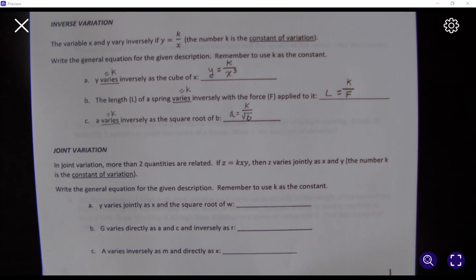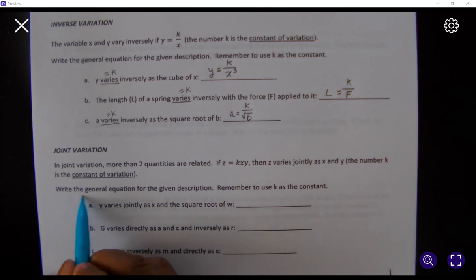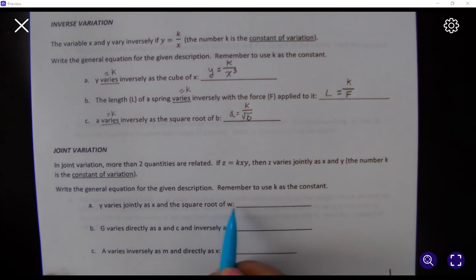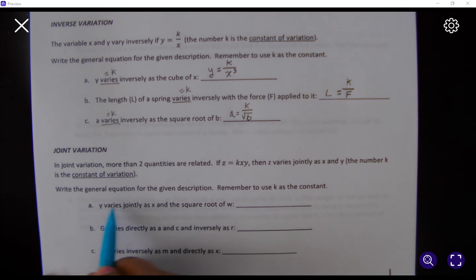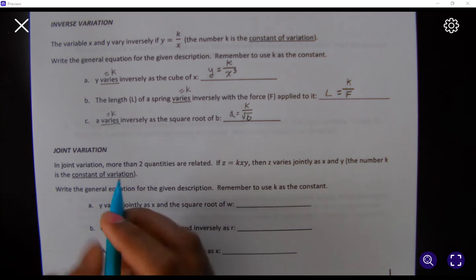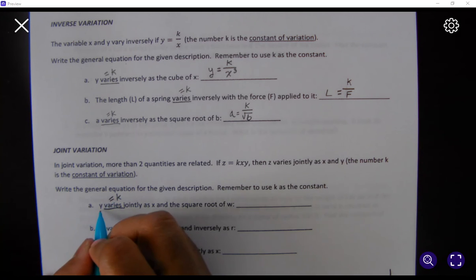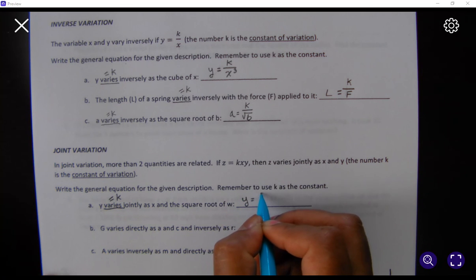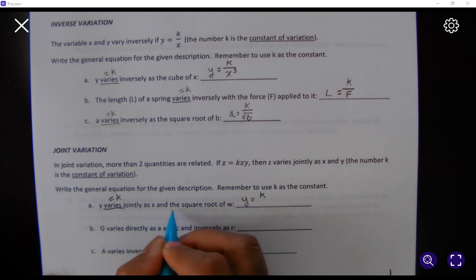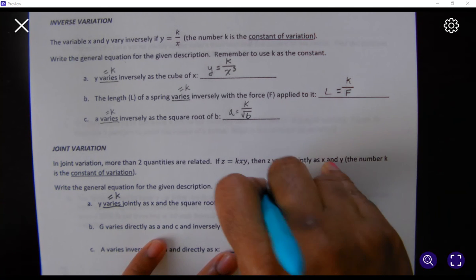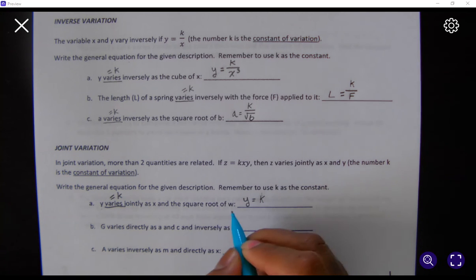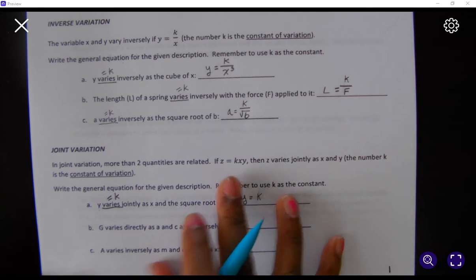So let's see how this looks. So write the general equation. Remember, K is your constant. Notice that when I look in here, I don't see my constant K at all. But I know that the word varies translates to equals K. So there's my equals K. So Y equals K. Jointly as X. Because it says jointly, and nowhere in here does it say inversely, it's going to be jointly.